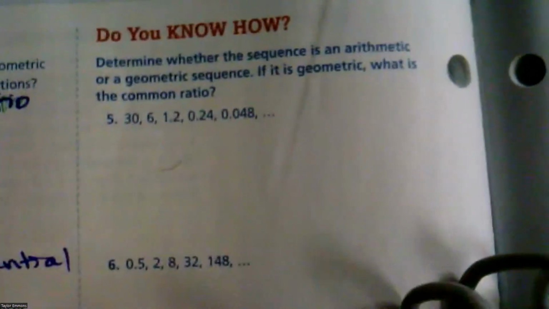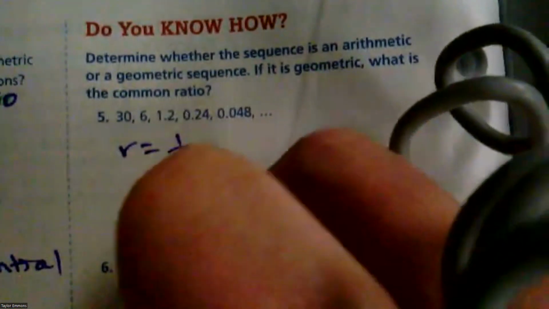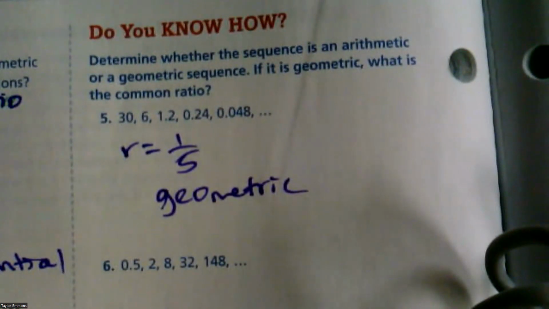So that ratio is going to be 1/5, because if we multiply by 1/5, then it would be dividing by 5. So this is geometric because we're multiplying by a common ratio. We're multiplying by 1/5, which is the same thing as dividing by 5.